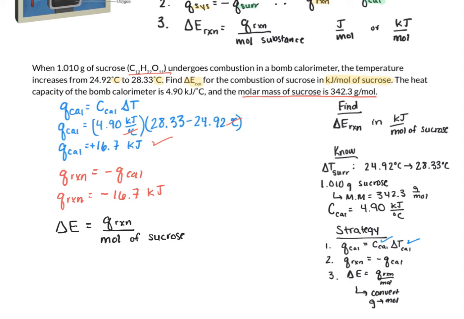So I'm not going to show the molar conversion here, but I know everybody knows how to do that already. So when you convert grams to moles, you should get 0.00295 moles of sucrose.